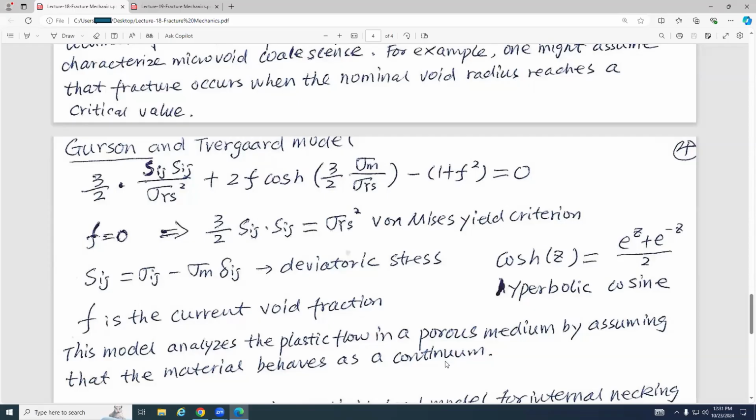Have a sense? So that means Sij equals sigma 1 minus sigma m, sigma 2 minus sigma m, and sigma 3 minus sigma m on the diagonal, and then we have sigma 12 and sigma 13 and sigma 21 and sigma 23 and sigma 31 and sigma 32.